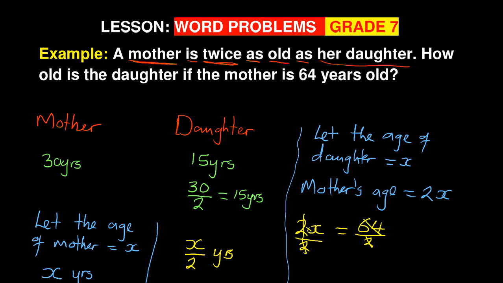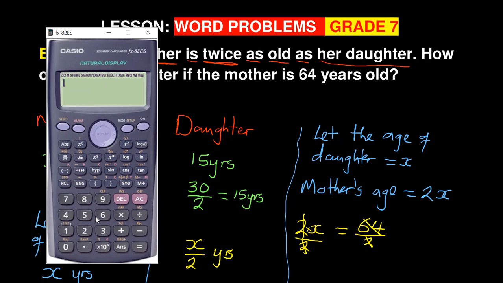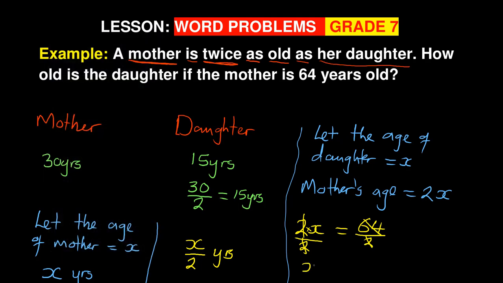So 64 divided by 2, in this case, you can use a calculator, but I'll advise you not to use a calculator so that you can get used to division. 64 divided by 2 is 32. So you can see that now our x is equal to 32 years.